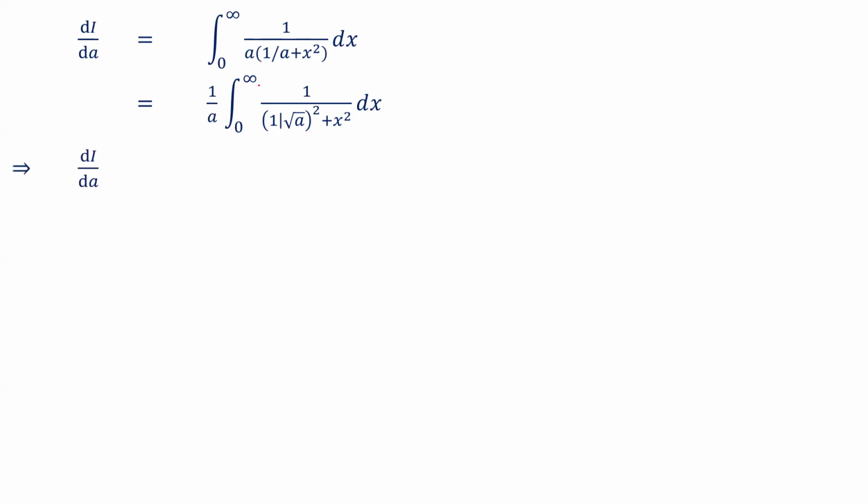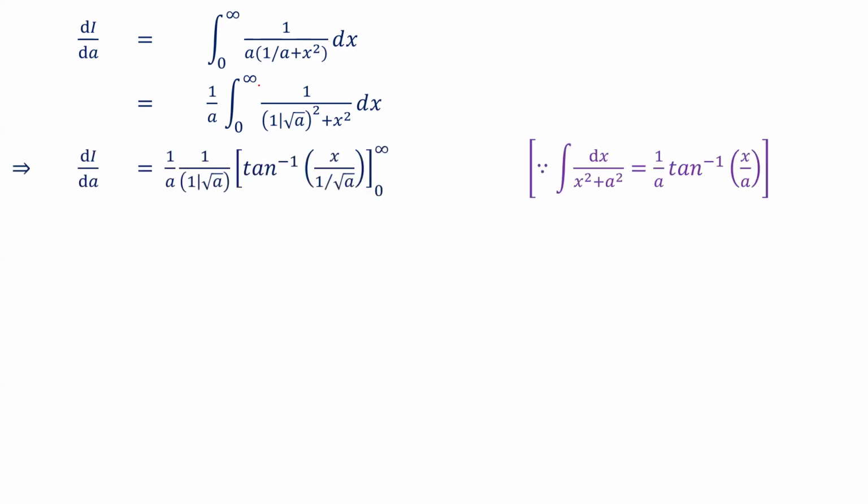Now we know that the integration of 1/(x² + a²) with respect to x is nothing but 1/a tan inverse of x/a. So here in place of a it is 1/√a, and in place of x it is x.